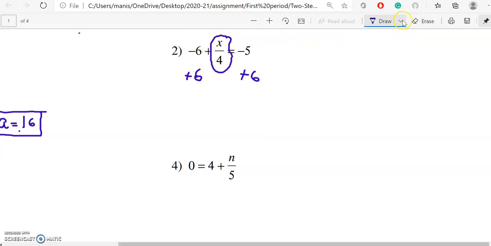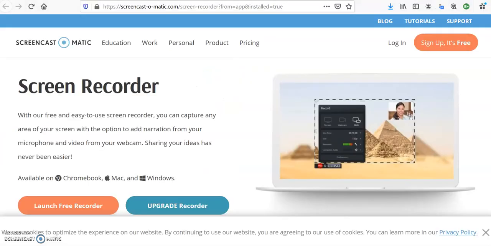Let me change the color of my pen over here. Negative 6 plus 6 will give me 0, and I will bring this down: x divided by 4 equals. Now you see this negative 5 plus 6. If you do not know what to do, use your calculator. So negative 5 plus 6, keep in mind, okay?